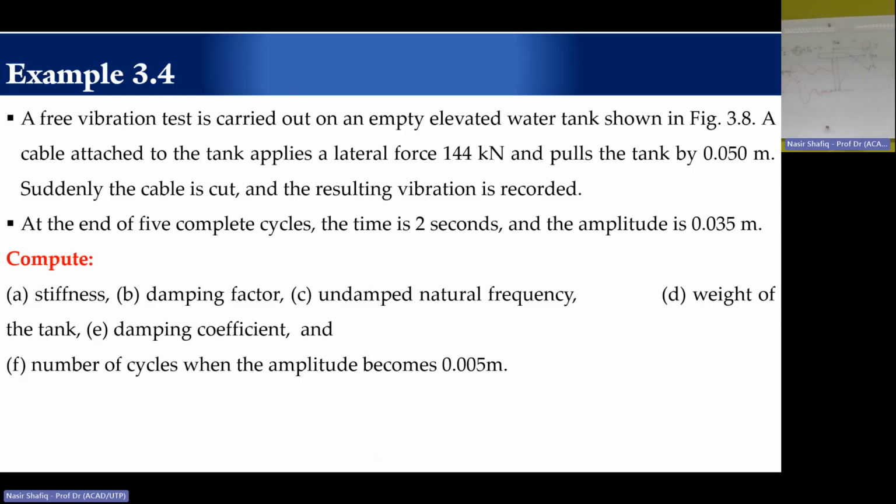Compute the stiffness of the system, the damping ratio, the undamped natural frequency omega of the tank, the damping coefficient, and the number of cycles when the amplitude, which started at 0.035 meter or 35 mm and is decaying, becomes 0.005 meter or 5 mm.